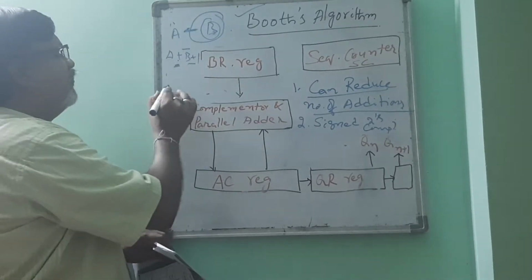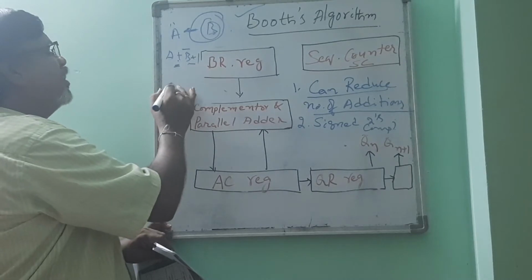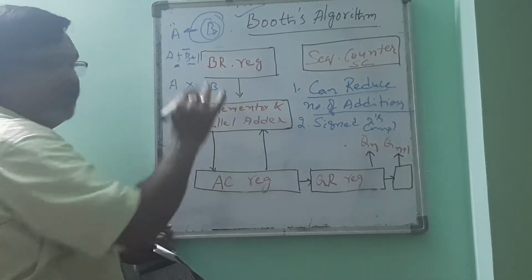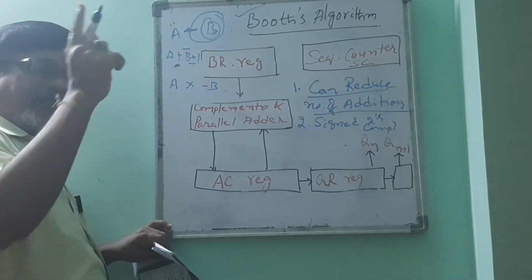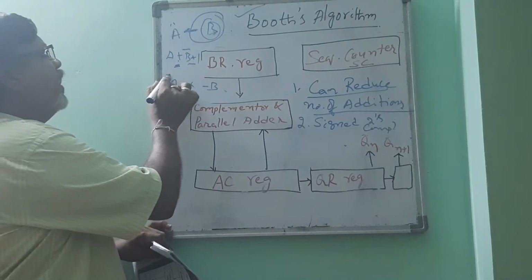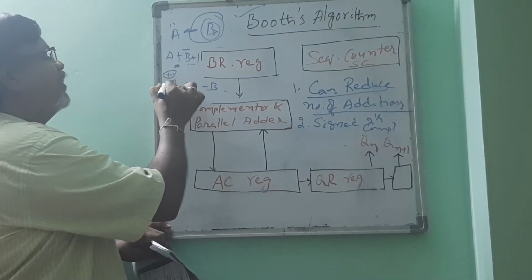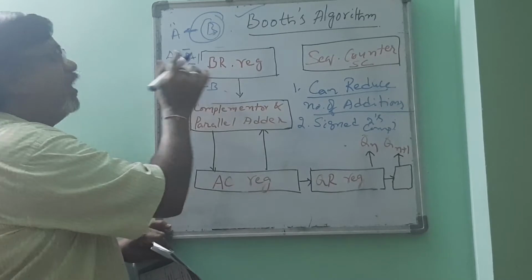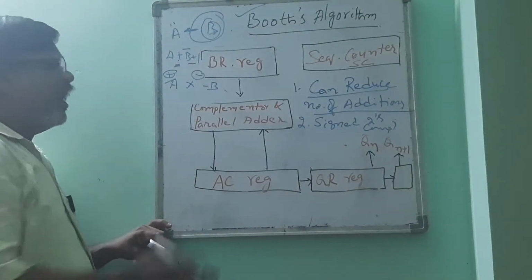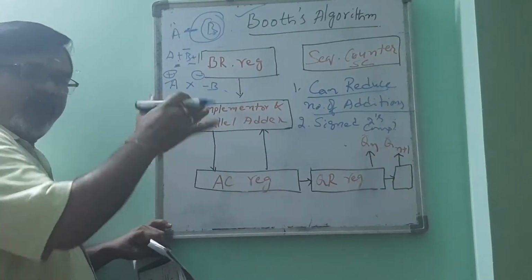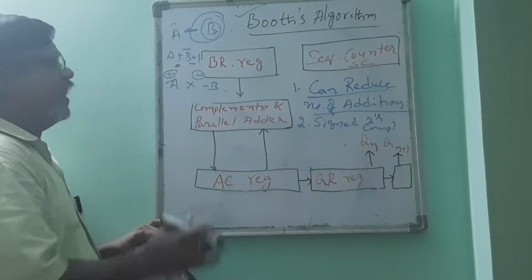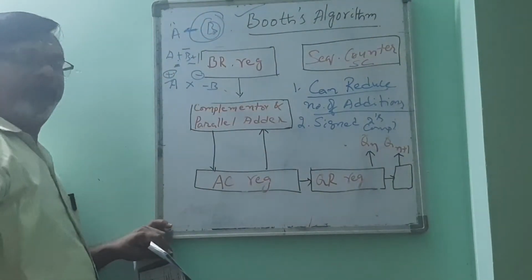In the same way, in multiplication, if you want to perform a into minus b, in the previous flow chart we first XORed the sign of a and the sign of b. Here, whether the two are positive, both negative, or one positive and one negative, irrespective of the signs, Booth's algorithm is implemented differently.